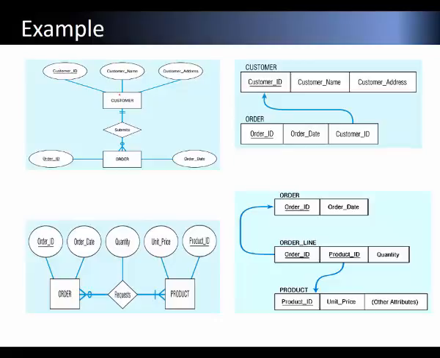We have a customer ID, customer name, and customer address. For an order, the customer can create it by clicking some items. Then the order is generated. Then there is an order date and order ID, right? One customer can place multiple orders. This is what it says. One customer can generate multiple orders. So an order is submitted.